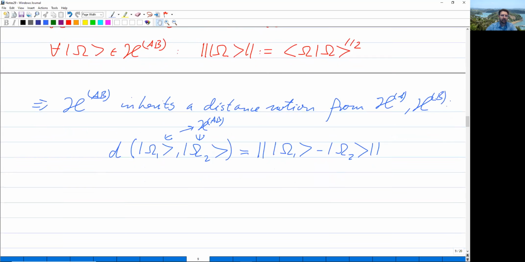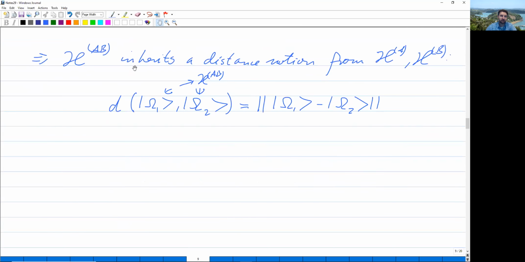Now, I don't want to spell out all the steps. We did this when we first introduced Hilbert spaces. Let me just remind you what can then be done. Once we have the notion of distance between vectors in our vector space, we have the ability to define what is called a topology, which is a set of epsilon distance neighborhoods.